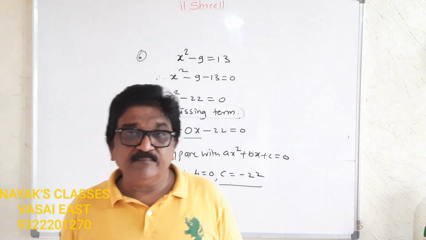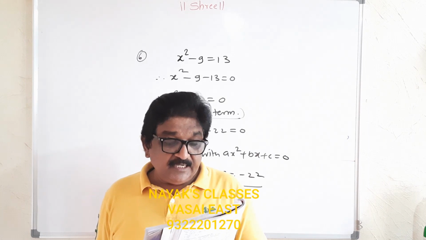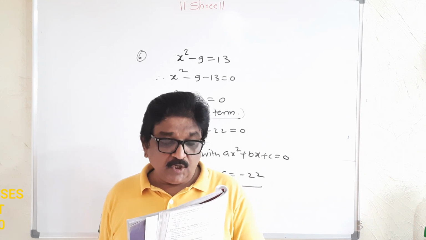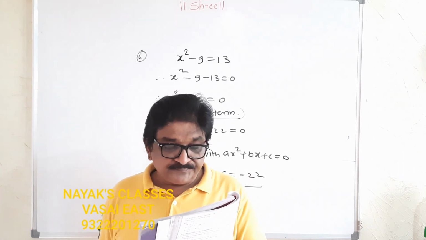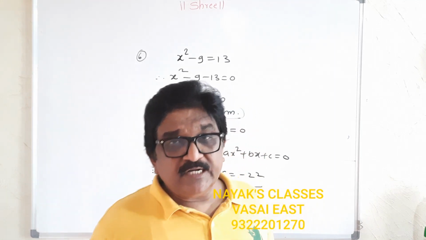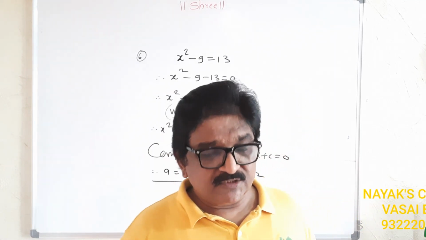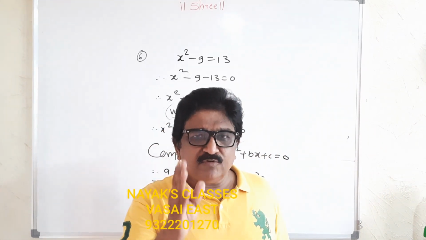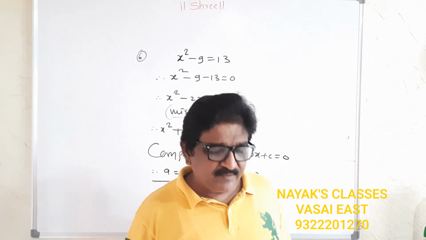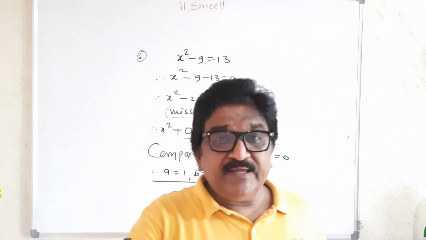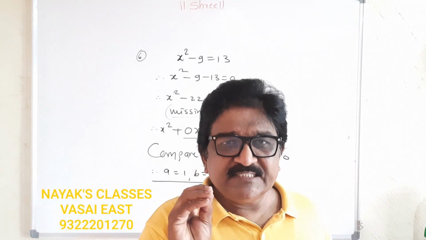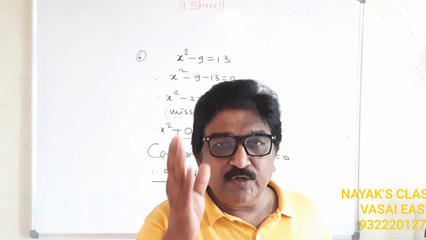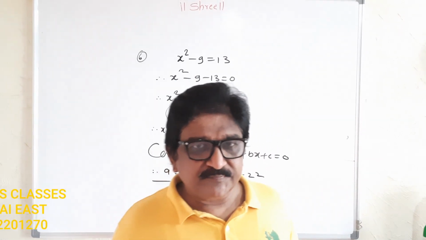Now we are studying the fourth example of the same exercise. Determine whether the values given against each of the quadratic equations are roots of the quadratic equation or not. They will give you the quadratic equation and they will give you some numbers also. Instead of variables, suppose there is x, y, z, t, p, whatever it may be, you have to put those given numbers.